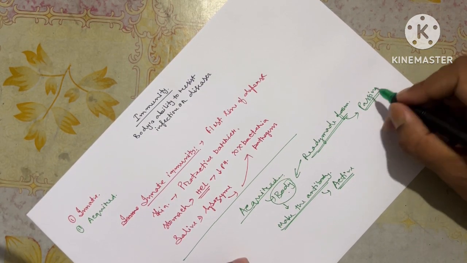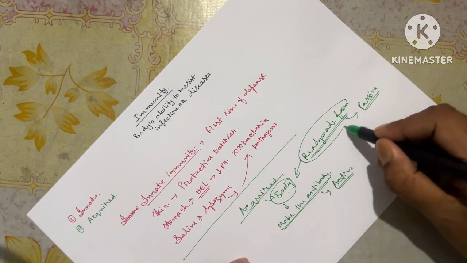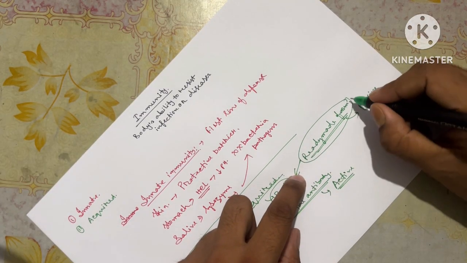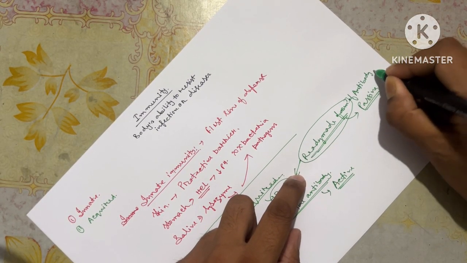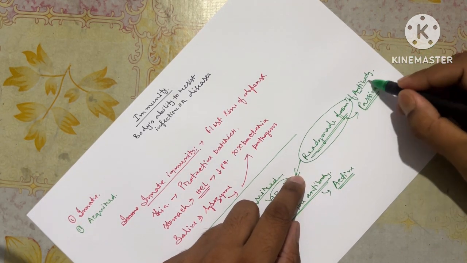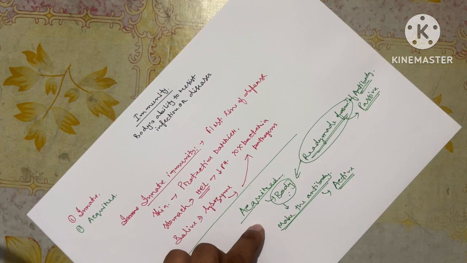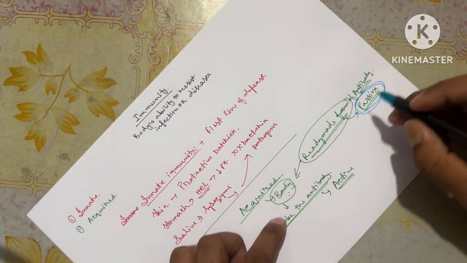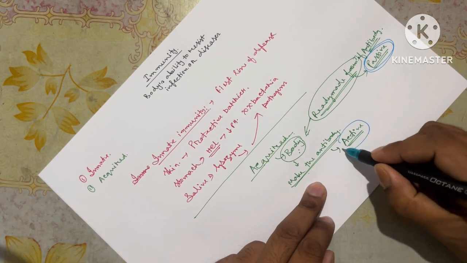Ready-made antibodies are coming. That will be passive. If our body is making the antibody by itself, then it will be active.